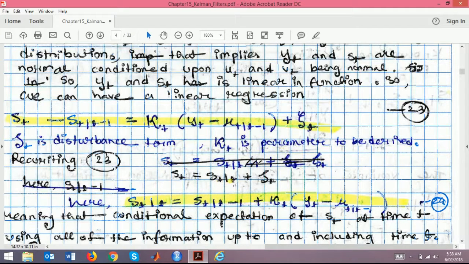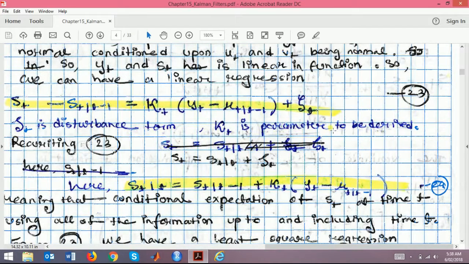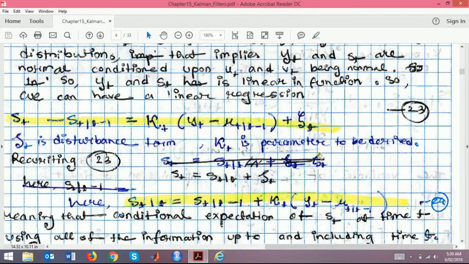S1 equals S11 plus zeta t, where S11 equals S10 plus kappa times the one step ahead prediction error, yt minus mu10. So we have st equals stt plus zeta t, or simply st equals S11 plus zeta t, and S11 itself represents S10 plus kappa times the disturbance term, the one step ahead prediction error.